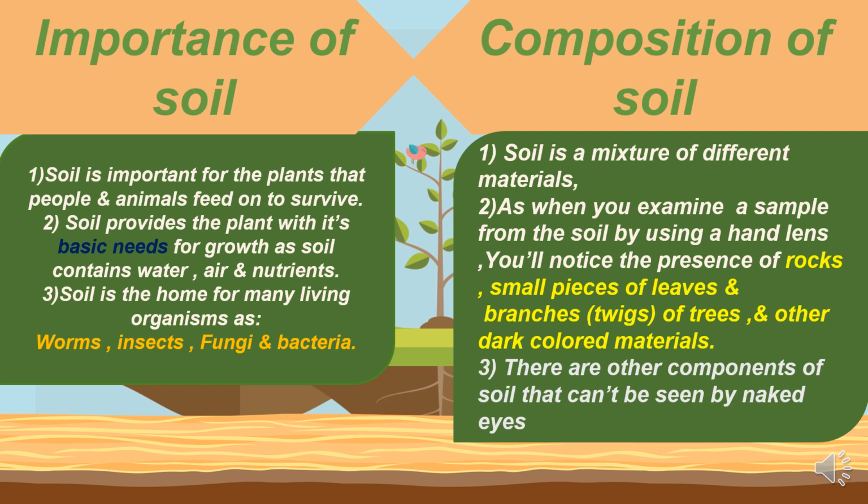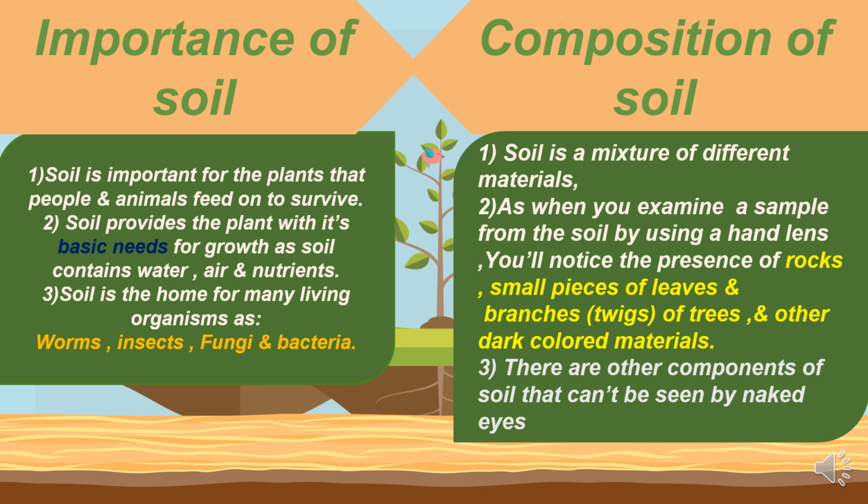If you examine a sample of soil by using your hand lens or your hand, you're going to find the presence of small rocks, small pieces of leaves, small pieces of twigs, which means branches of trees, and other dark colored materials. All of these materials form the soil. And there are also other components of soil that can't be seen by your naked eye. You have to use a microscope to see them.